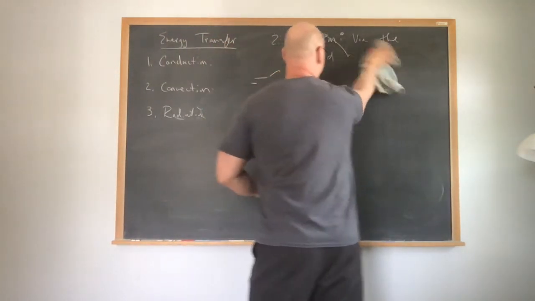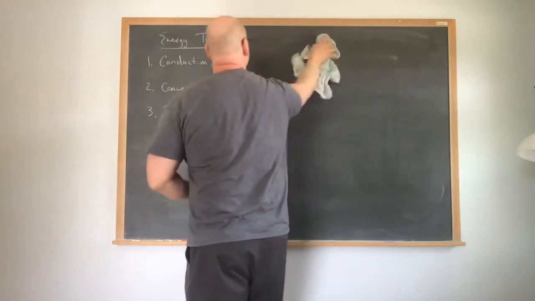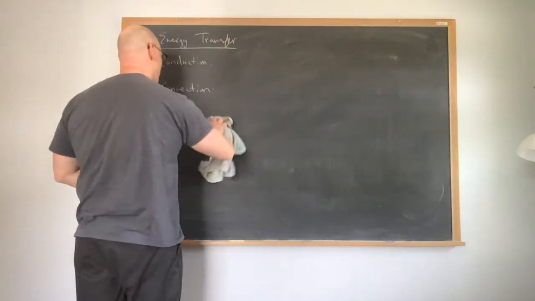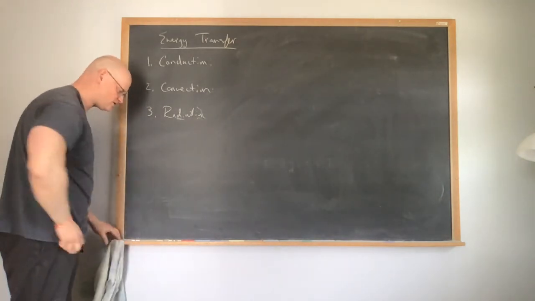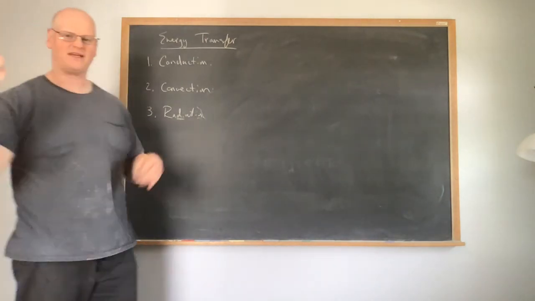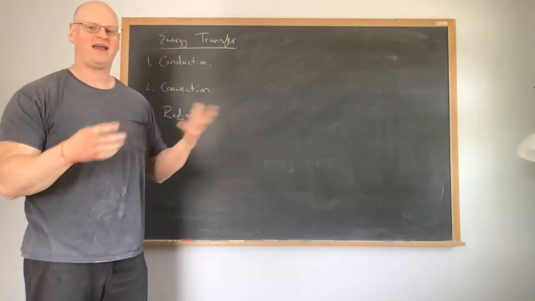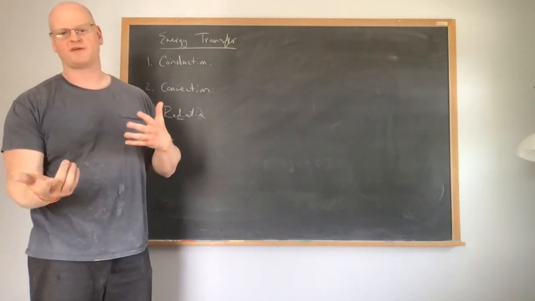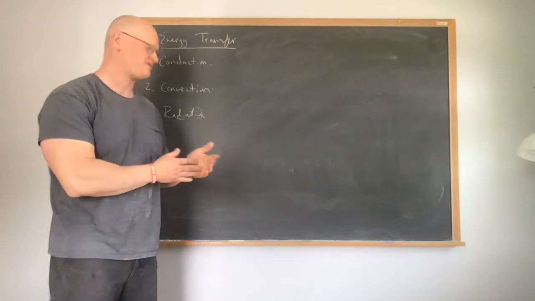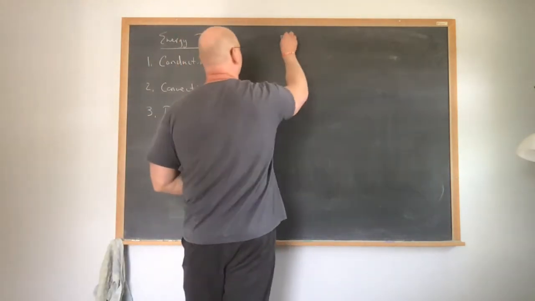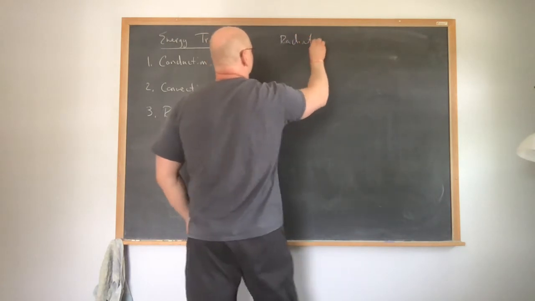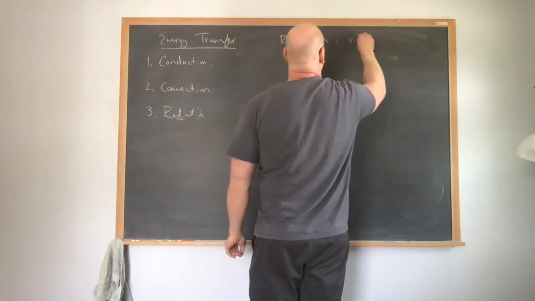So finally, that brings us to radiation. We mentioned this before when we were talking about temperature, but everything radiates. So anything which has a temperature gives off light, i.e. electromagnetic radiation, and that radiation can be used to warm something up or cool something off. So, for example, with radiation, this is the transfer of energy via light.